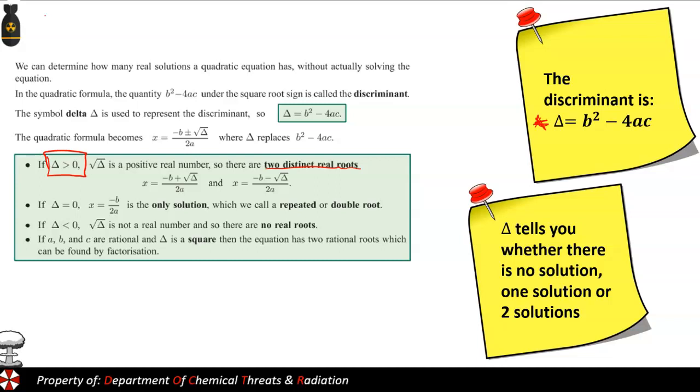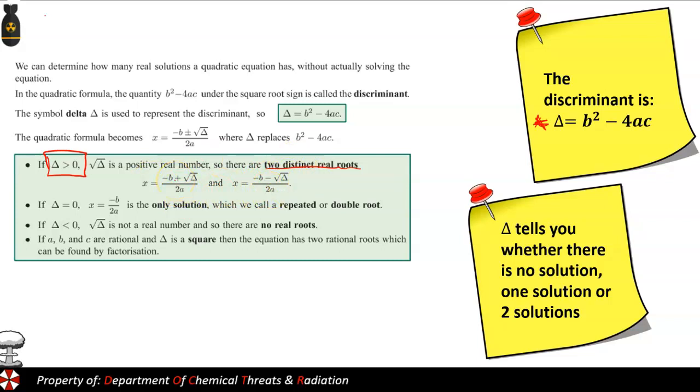What that actually means in terms of the quadratic will be a little bit more obvious later on when we look at the actual quadratic function as a graph. But for now, in terms of the equation, it just means that there are two distinct values that solve the equation, that satisfy the equation. They're going to be minus b plus square root delta onto a and minus b minus the square root of delta onto a. So they're the two solutions.